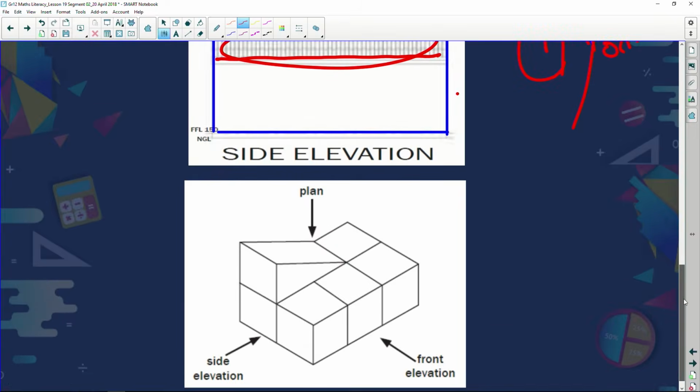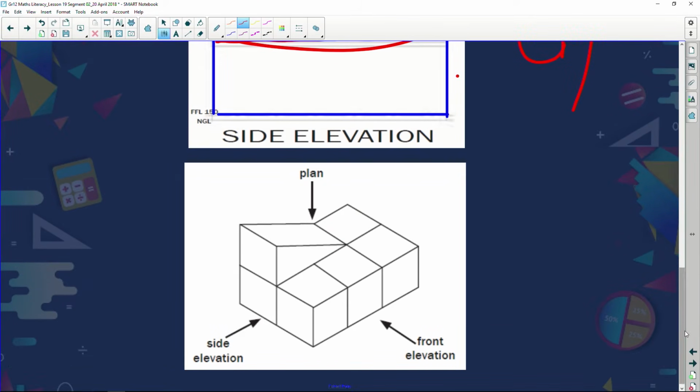Right. Then here is another little weird and wonderful shape. So we've got this shape, and we're saying, right, from the shape, if I were to look down on the shape, that's the plan I would see. Then I've got the front elevation, and what would I see? Looking from the front, I've got that kind of thing with 3 blocks, and then I would also have this kind of thing sticking out.